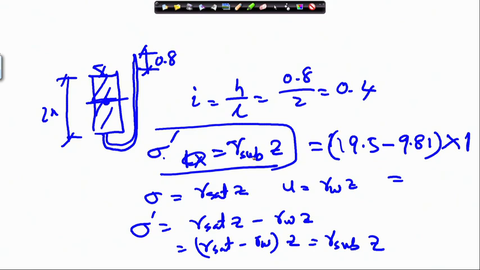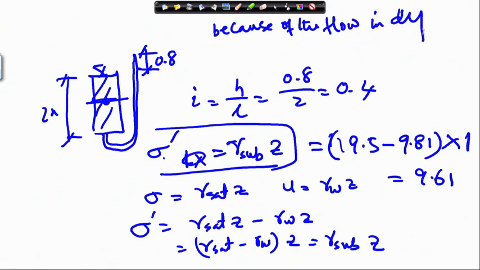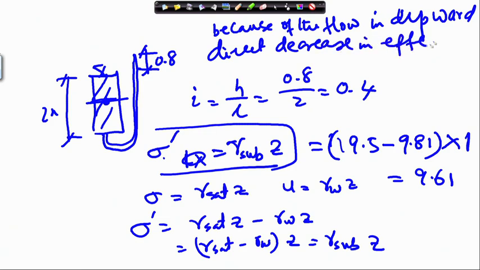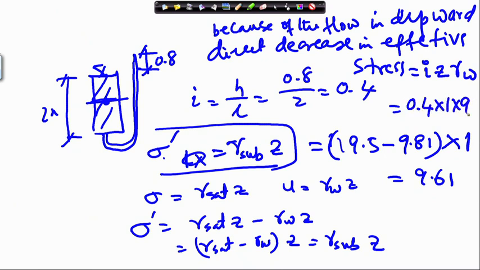So, that gives you an effective stress of 9.61 hmm, and because of the flow in the upward direction, the decrease in effective stress will be equal to i into Z into gamma W. So, i Z gamma W will be how much? i is 0.4, Z is 1, into 9.81.